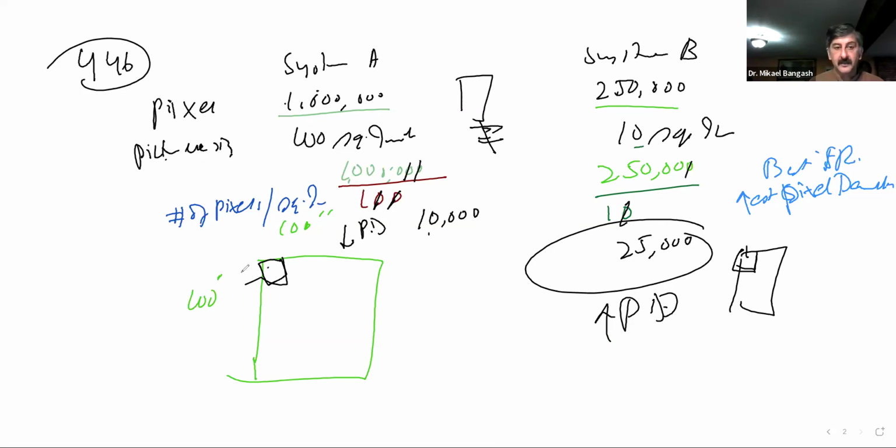So greater pixel density, not just for this 1 square inch, but for the whole, because here in 100 square inches we only had 1 million pixels, whereas this was a smaller image but it had 250,000 pixels. Did you guys get that?